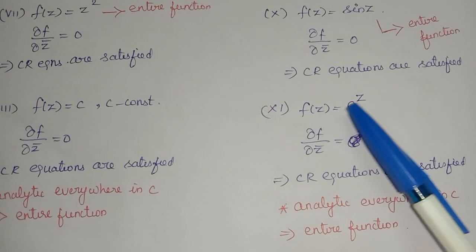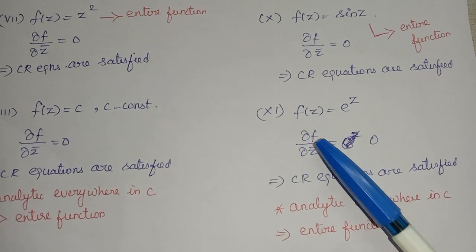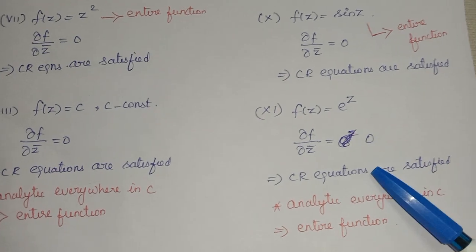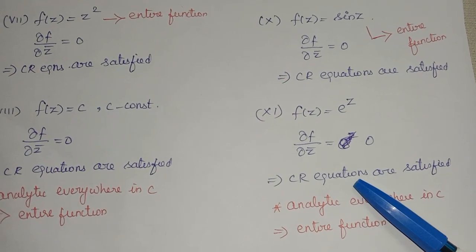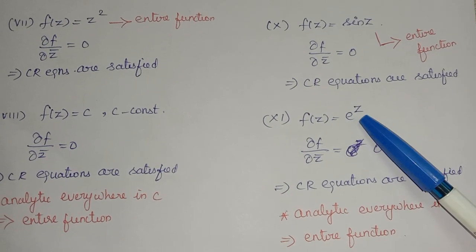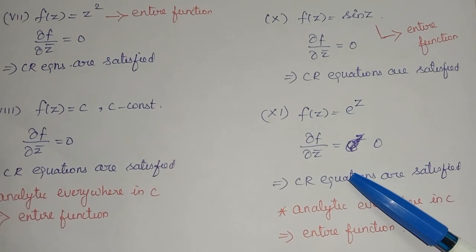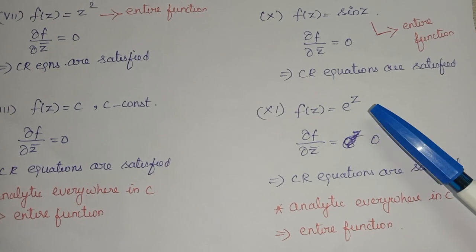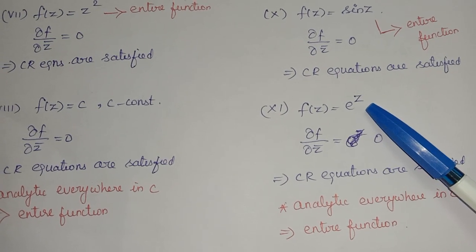Then the next one is f of z equal to e power z. Again, dou f by dou z bar is equal to 0 because no z bar term is there. The CR equations are satisfied at all points in the complex plane. Also, the exponential function is a continuous function. So the CR equations satisfied along with first order continuous partial derivatives imply differentiability at all points in the complex plane.